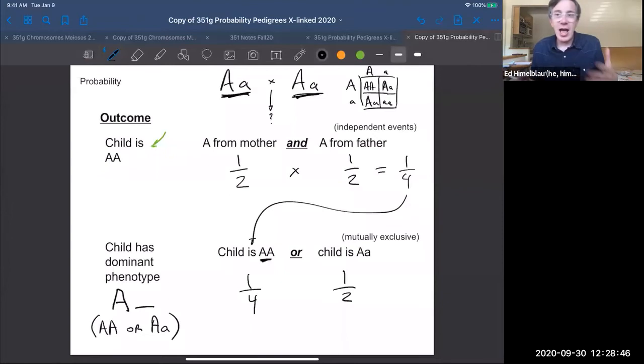And the child can only have one genotype. So this is definitely a case where these are mutually exclusive events. It has to be one or the other. So those we're going to add together. And that gets us 3/4. And of course, we already knew that, right? From looking at our Punnett square up there, we saw that 3 of the 4 boxes have those genotypes in them.